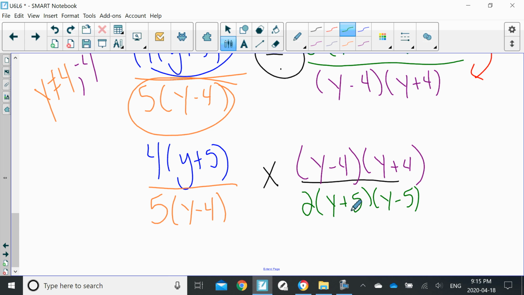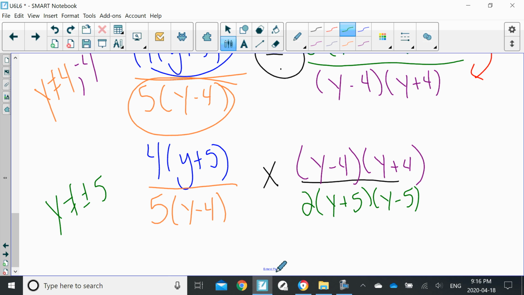Hopefully you can see that these non-permissibles would be plus and minus 5. So I actually have 4 non-permissibles. y cannot be equal to plus or minus 4, and y cannot be equal to plus or minus 5. Always state your non-permissibles, and then you can do canceling.